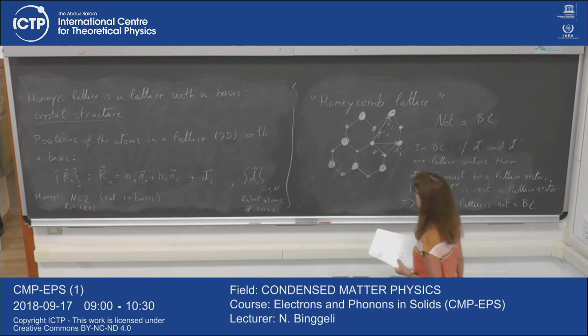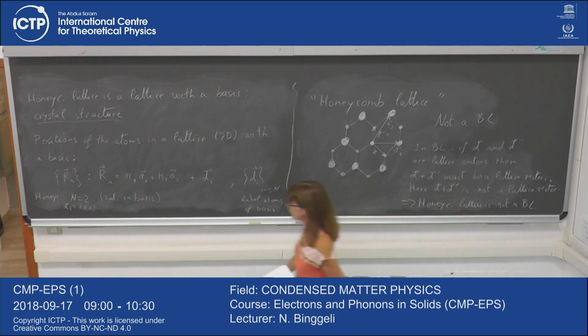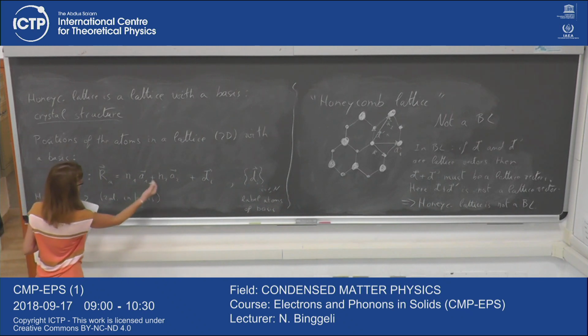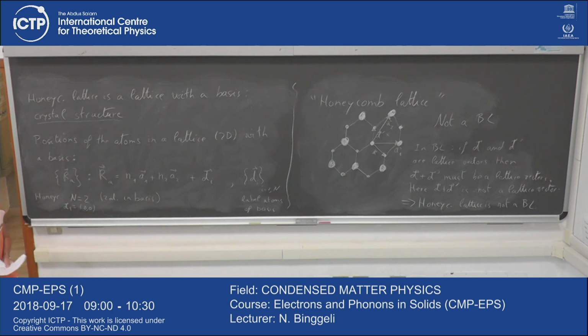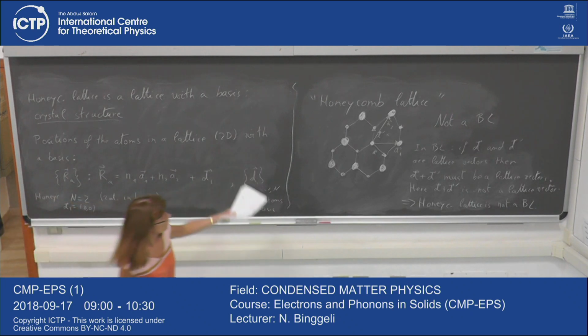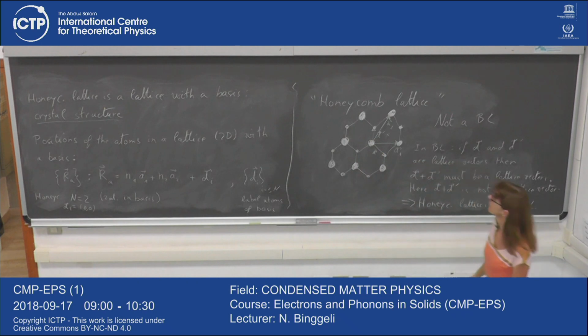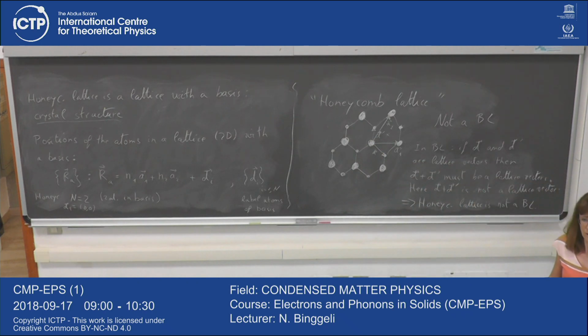So with this D1 and N1 A1 plus N2 A2, I would obtain all the points, the big disks here, as lattice points.